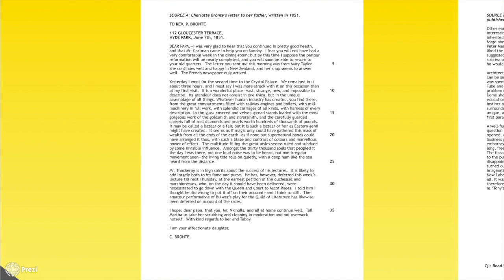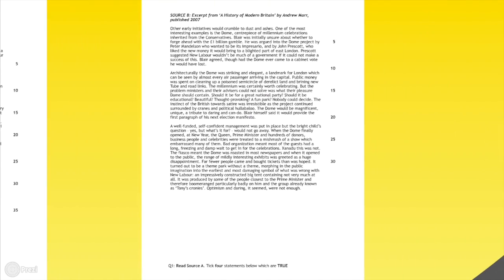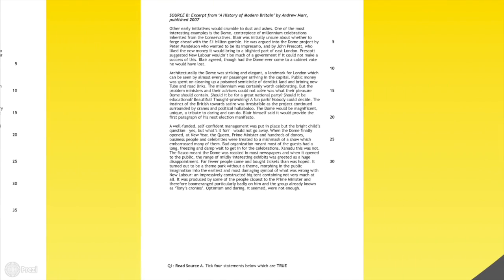Okay, so these are the two sources. Source A, Charlotte Bronte's letter to her father, and source B, Andrew Marr, A History of Modern Britain. Okay, so if you want to go and download those, have a read through and have a go at writing that question based on the paragraph structure and flowchart that I provided you with in part 1.